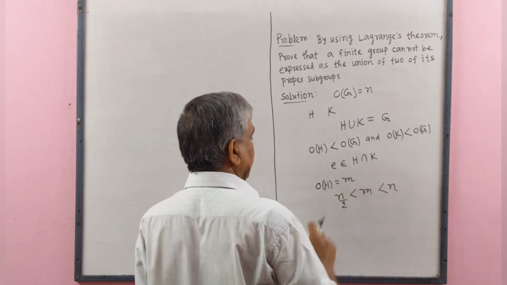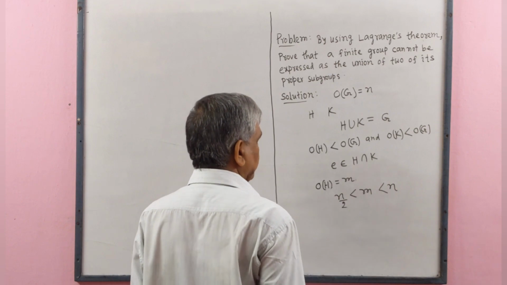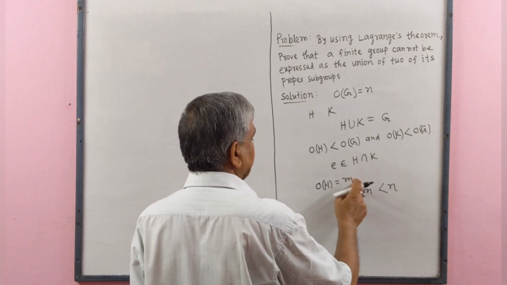So m is less than n. Here n is the order of the group and m is the order of the subgroup H.